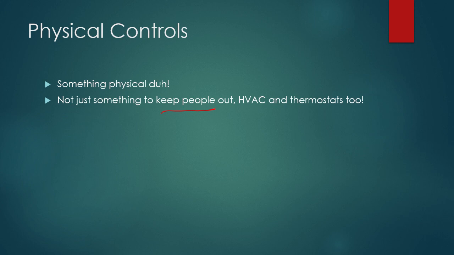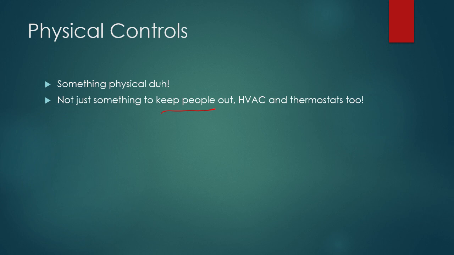So we can have HVAC, we can have fire alarms, thermostats, smoke detectors, because a fire could be just as harmful to our data as a hacker. So we need to be able to protect against the environment.